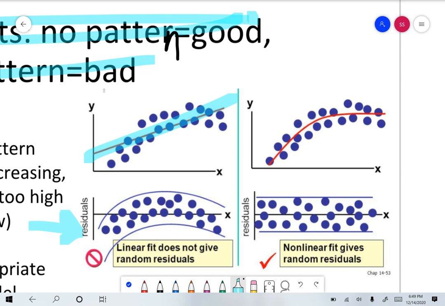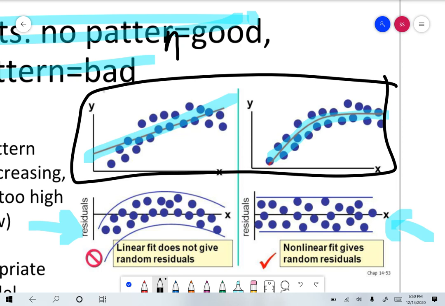Now, before I kind of explain that, take a look at this plot. We have an exponential curve, right? It's increasing at a decreasing rate. And the residual plot for that is right here. Now, notice that these are actually the exact same data.